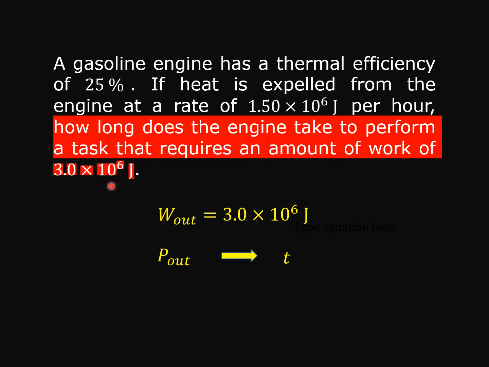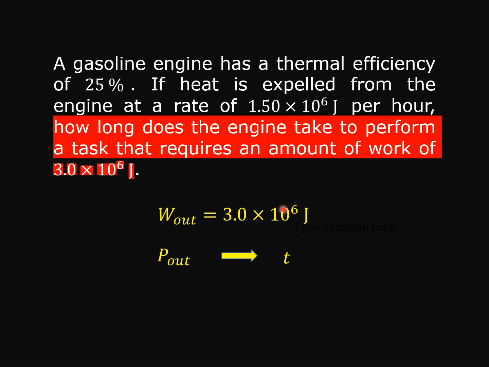Now the question asks, how long does the engine take to perform a task that requires an amount of work of 3 times 10 to the power of 6 joule? The total work that we want to produce from the gasoline engine is 3.0 times 10 to the power of 6 joule. But the question asks, with this heat engine, how long?